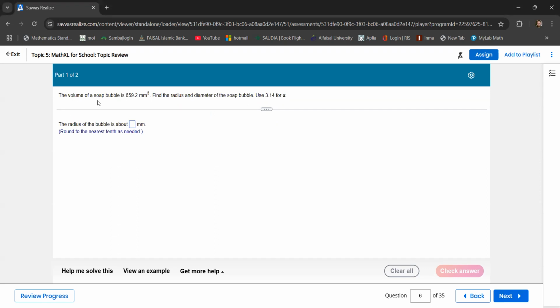The volume of a soap bubble is 659.2 millimeters cubed. Find the radius and diameter of the soap bubble. Use 3.14 for pi.